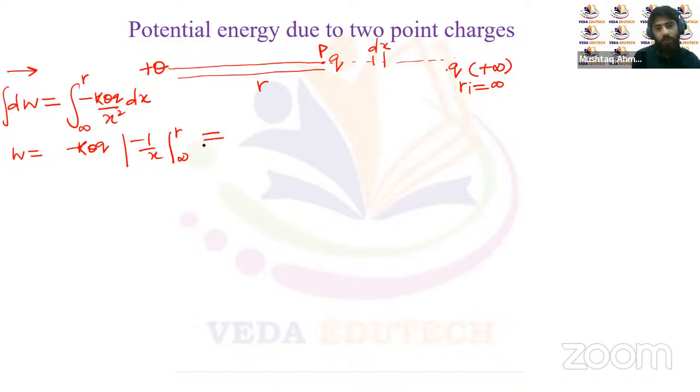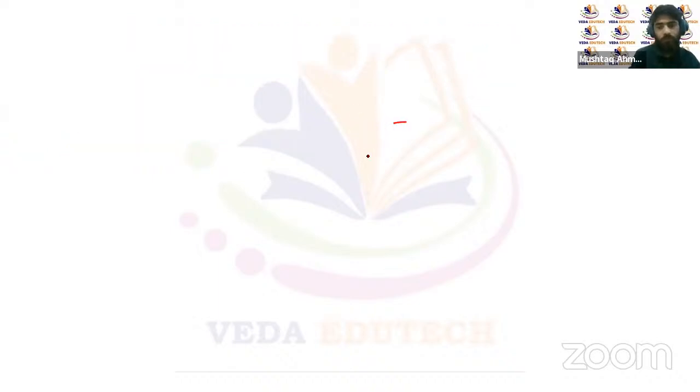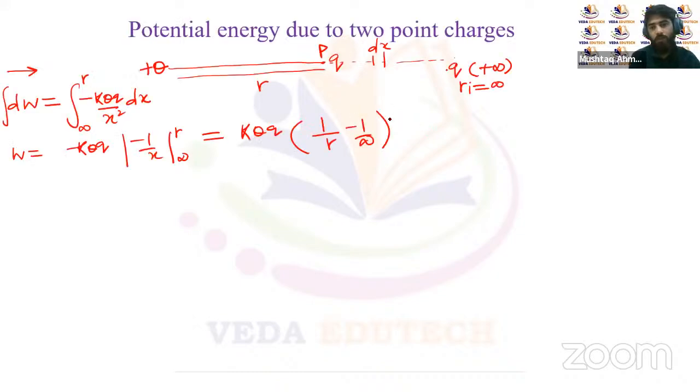So that's kQq with the upper limit 1 upon r minus 1 upon infinity, and 1 upon infinity will be equal to 0. That will be equal to k capital Q small q upon r, right?